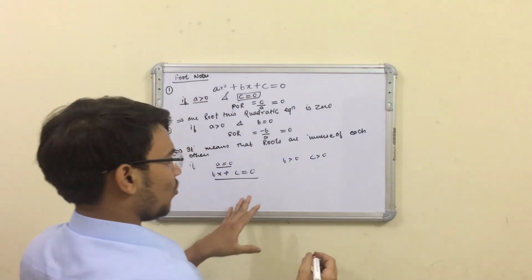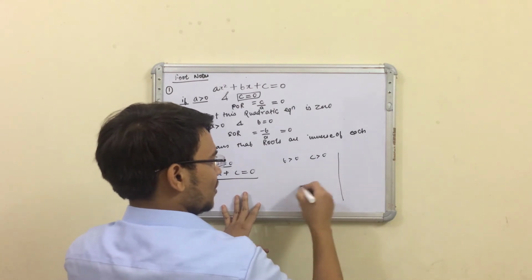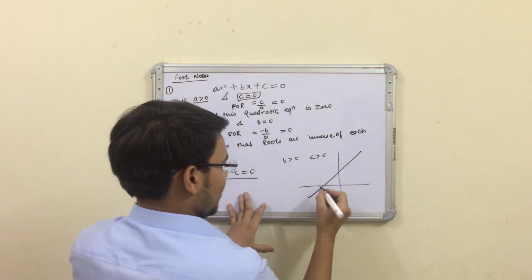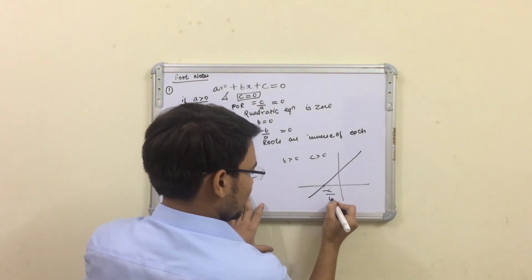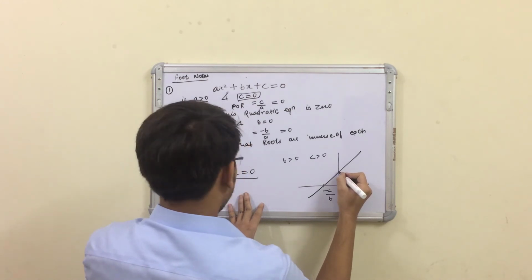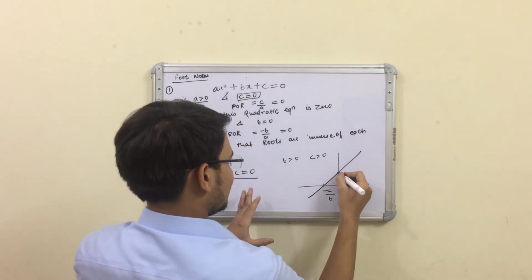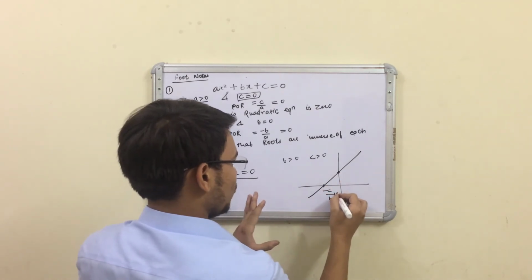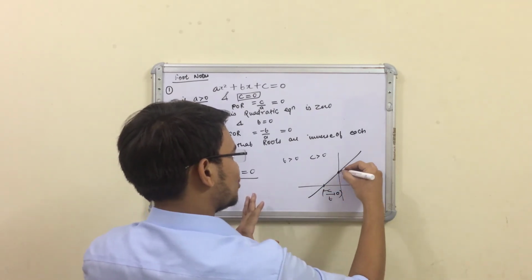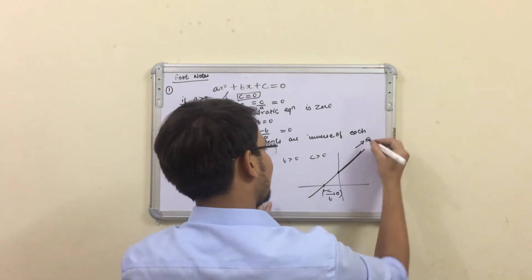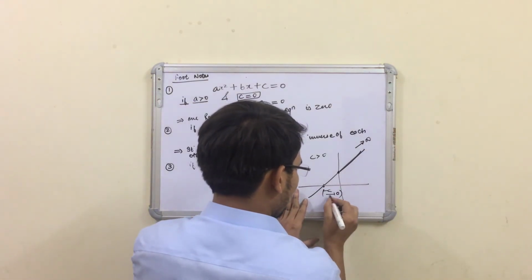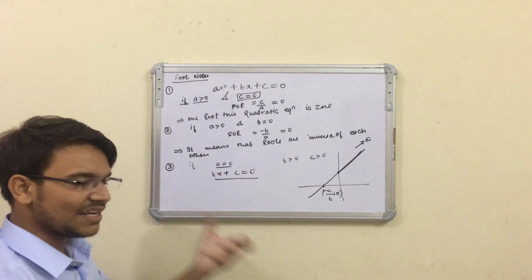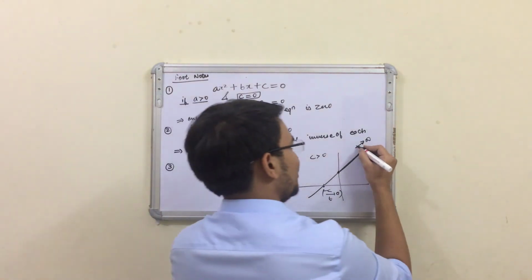So I can draw its graph simply on graph paper. It comes out to be like that. This is minus c upon b, and it cuts the x-axis at minus c upon b, comma 0, and this extends to infinity.